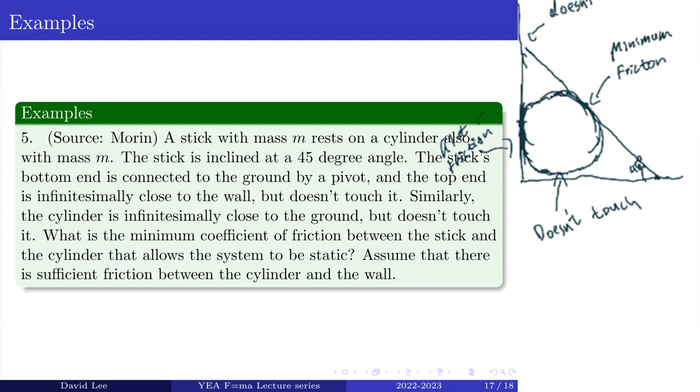It's sort of a counterintuitive balancing act. Turns out though, you can do this according to the problem. Turns out you can also calculate the friction needed on this wall between the wall and the cylinder. But yeah, the problem asks for the stick and the cylinder.